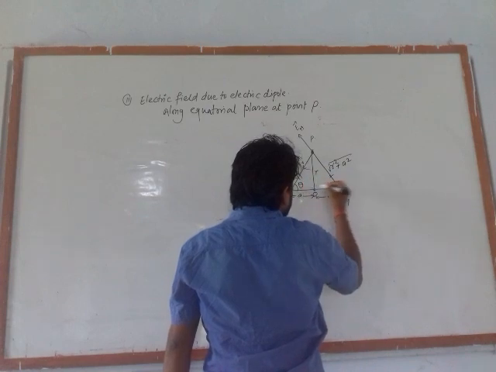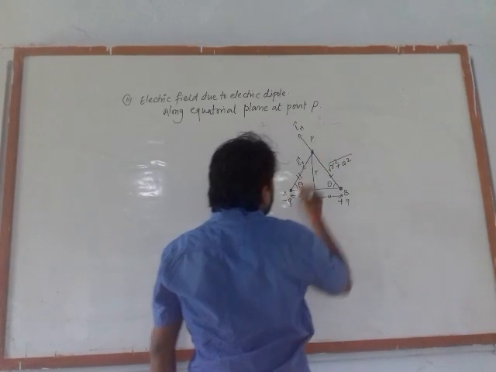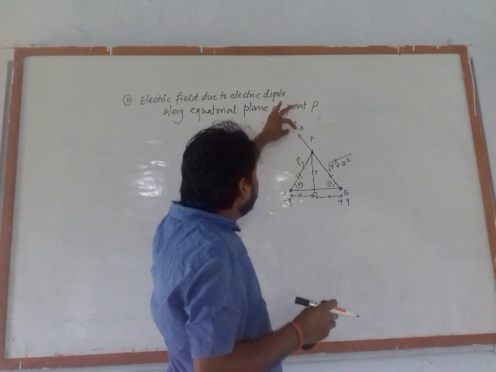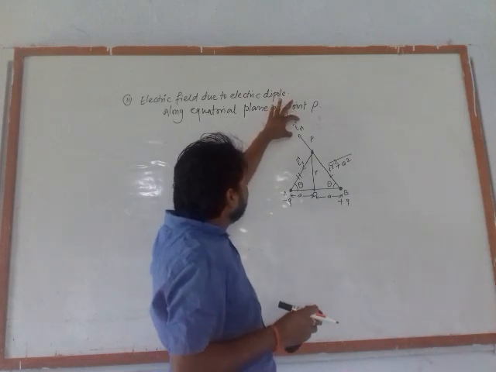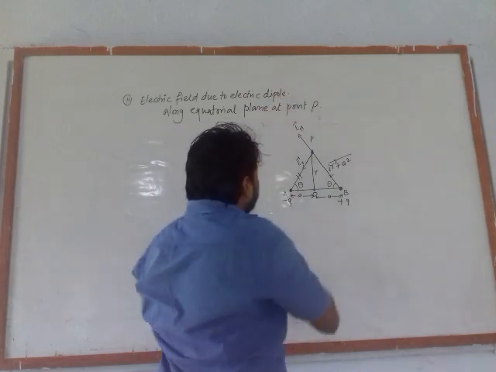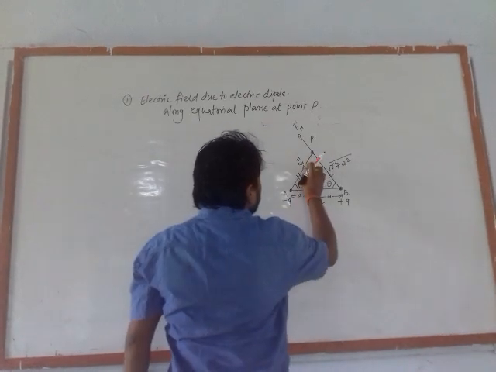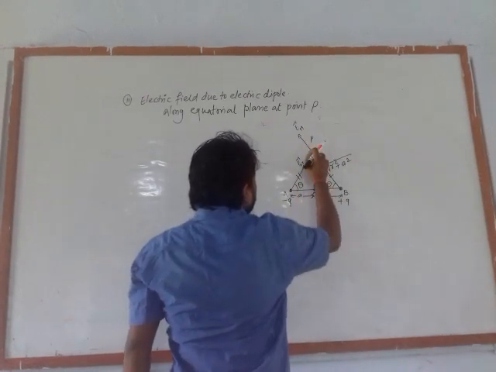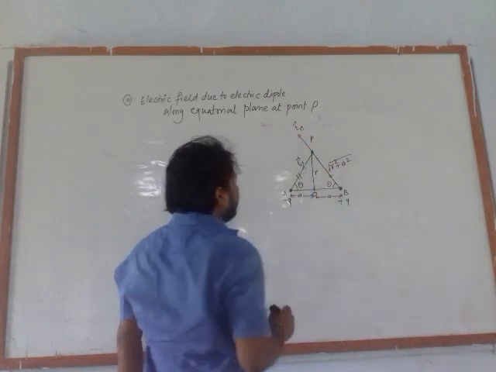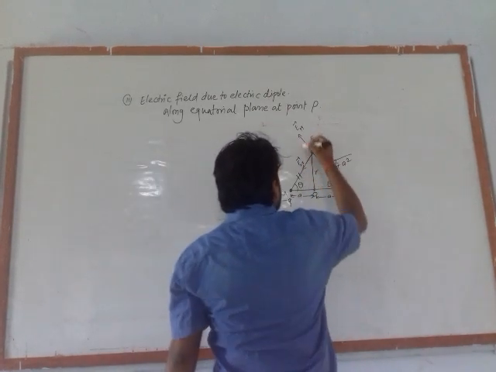Suppose this is angle theta and this is also angle theta, then of course the resultant of E plus Q and E minus Q also will make the angle theta. So two vectors are acting from the point P. So how will we solve this? This can be solved by using the parallelogram of vector addition.